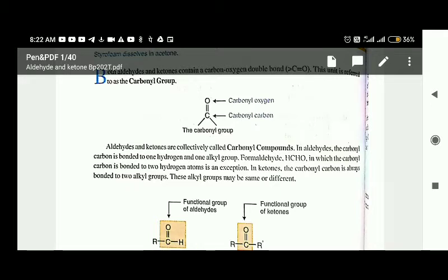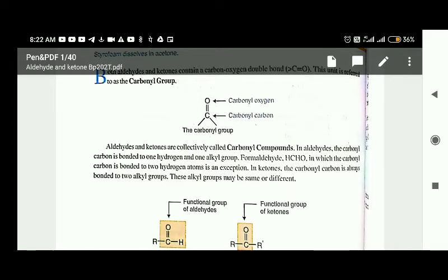If we are attaching some group which is going to provide electrons to the carbon, then definitely the delta positive on the carbon would be reduced because you are providing the electron supply to the carbon. In case of ketone, RCOR, that R is nothing but the methyl.